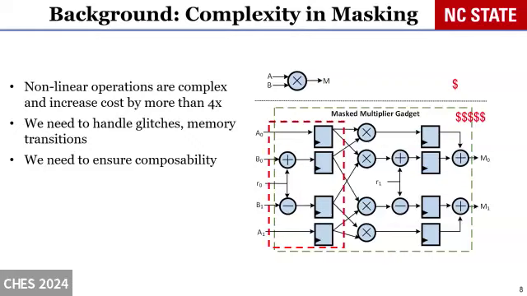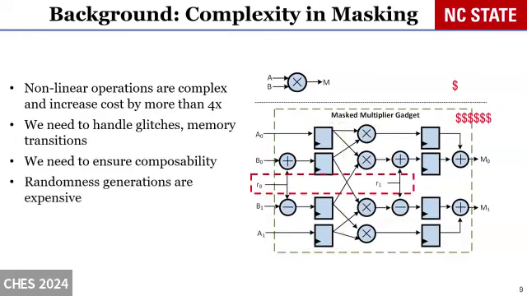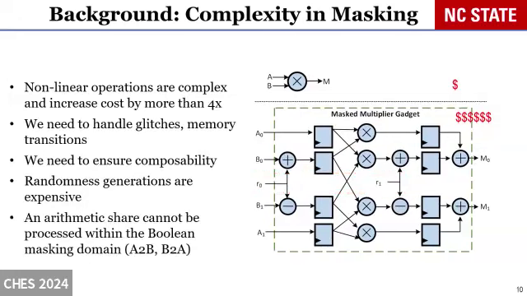To ensure composable security, you now also need to add a refresher at the input as well as another set of registers. Well, this is not just it. Now you also need to create extra random numbers, so the overhead gets more and more. And finally, you need to have secure conversion between arithmetic and Boolean shares, so the whole thing gets more and more expensive, okay?